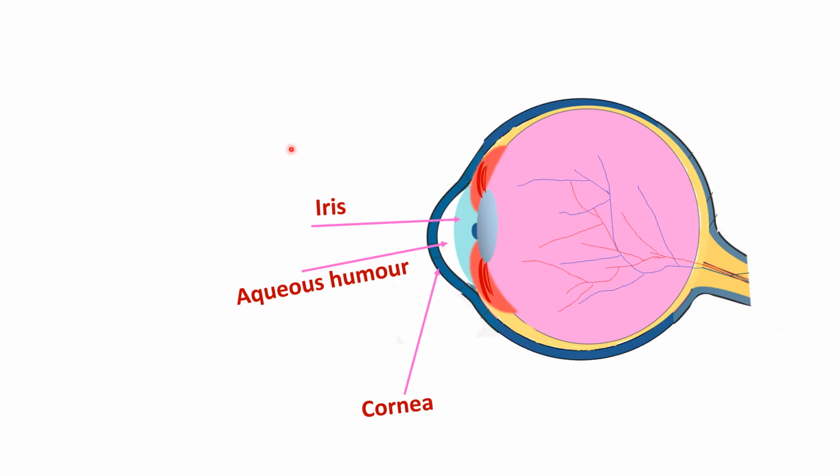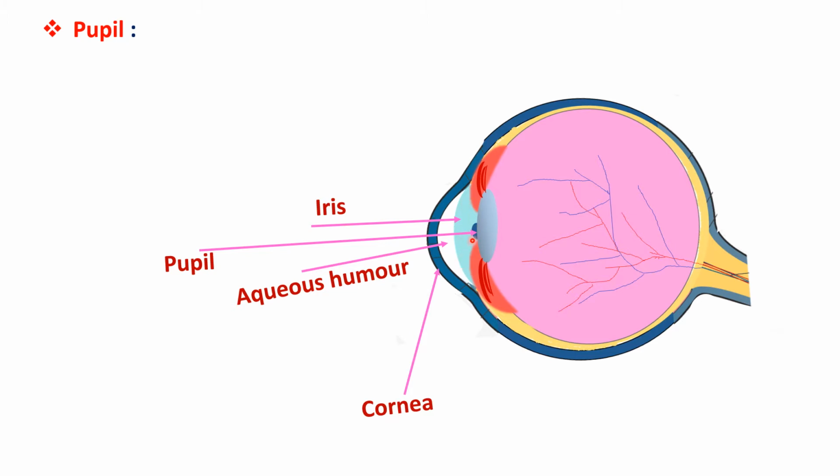And the next part is pupil. This portion, the small ball there, is called pupil. Let us see here. This one. A small opening in the iris. Here is the iris.